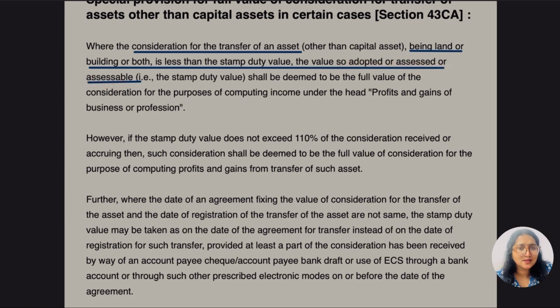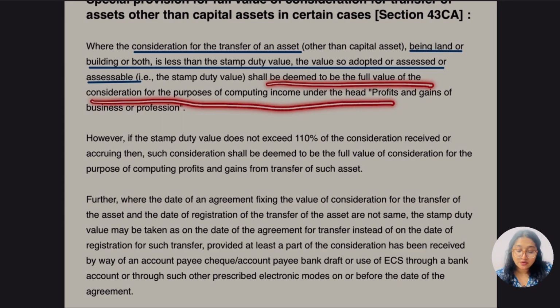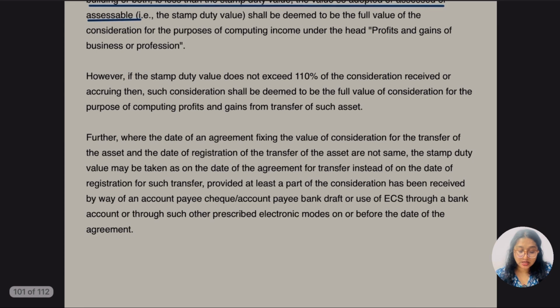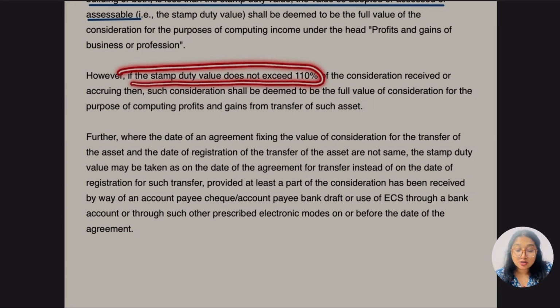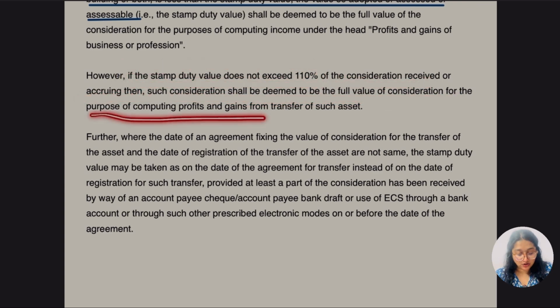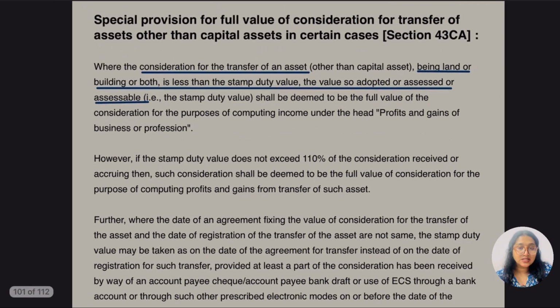But there are some certain cases here. It shall be deemed to be the full value of consideration for the purpose of computing income under the head profit and gains of business or profession. However, if the stamp duty value does not exceed 110% of the consideration received or accruing, then such consideration shall be deemed to be the full value of consideration for computing profit and gains from the transfer of such asset.